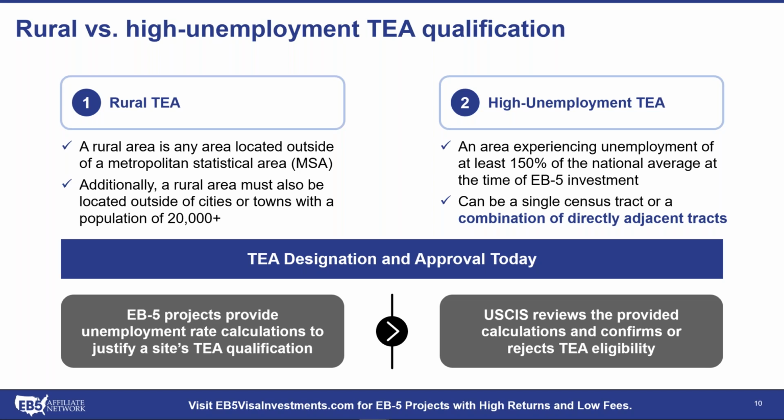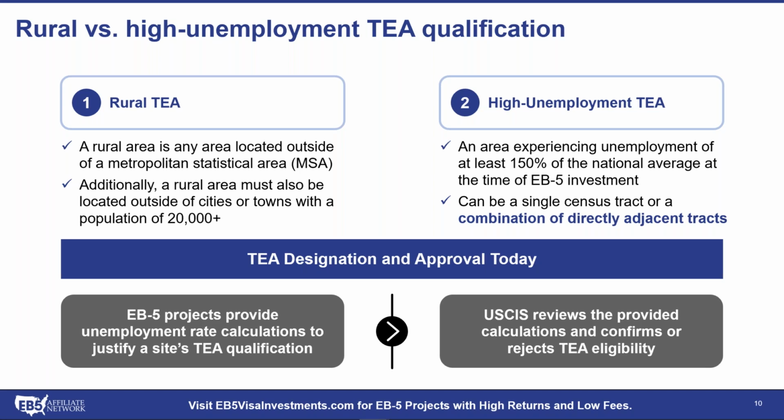Then separately, high unemployment, comparing the national average unemployment rate, multiplying that by 1.5, and then confirming that your project location has at least that amount of unemployment, 1.5 or 150% of the national average unemployment rate at the time.